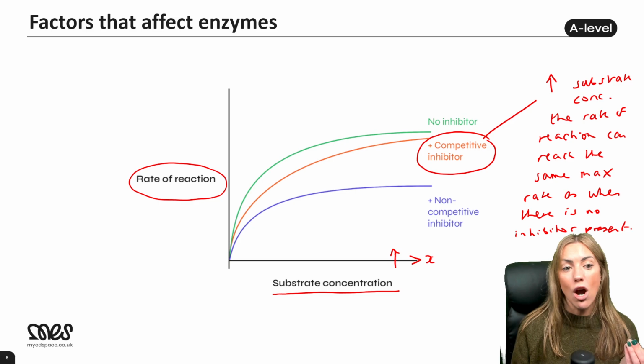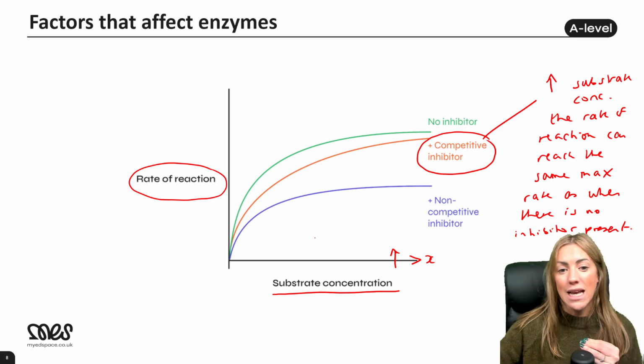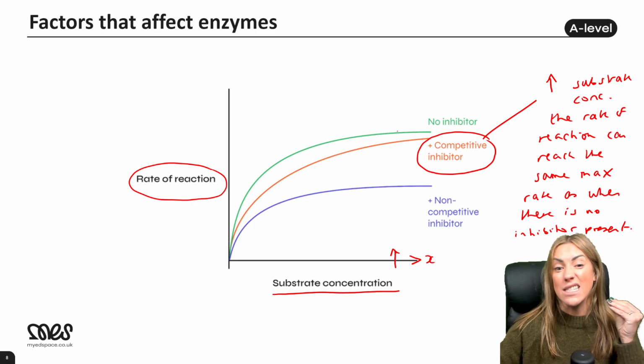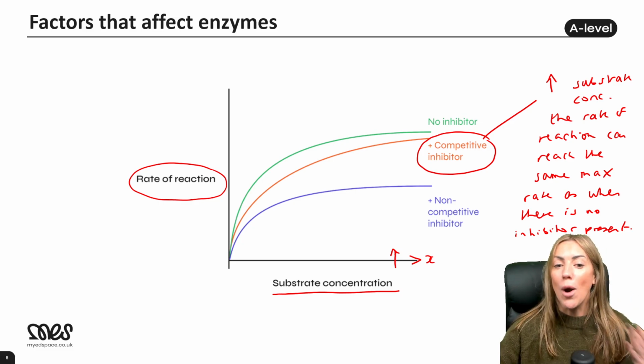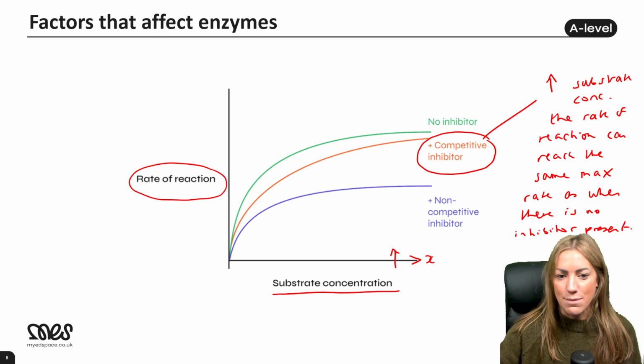So if you look at the orange line on the graph, you can see that at really high substrate concentrations, the rate of reaction has increased, and it can actually increase to the same maximum rate as if there was no inhibitor present, because the substrate has outcompeted the competitive inhibitor.